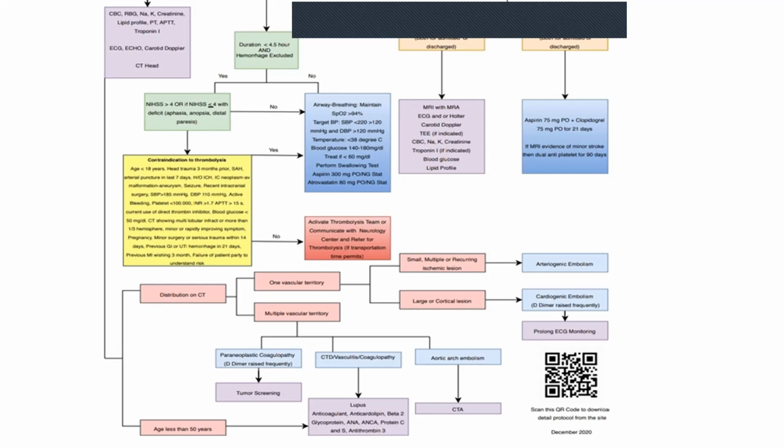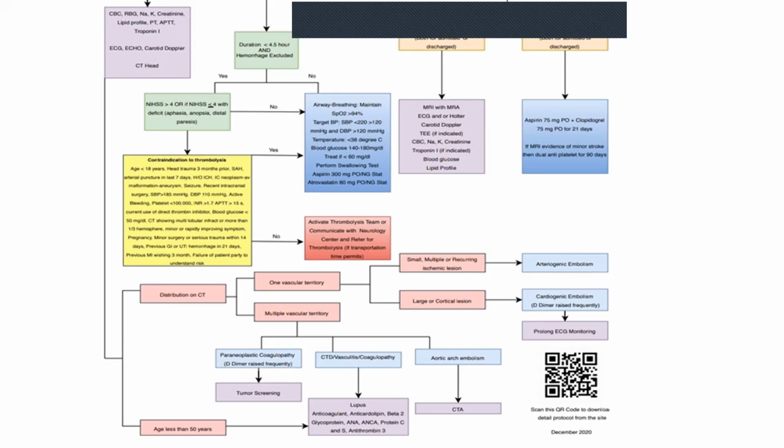If multiple vascular territories are involved, then neoplastic coagulopathy should be ruled out by tumor screening.